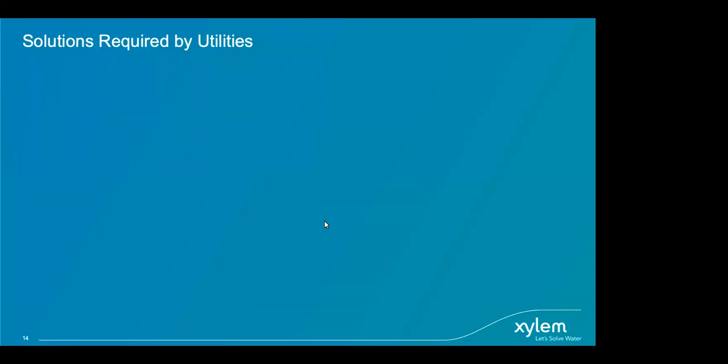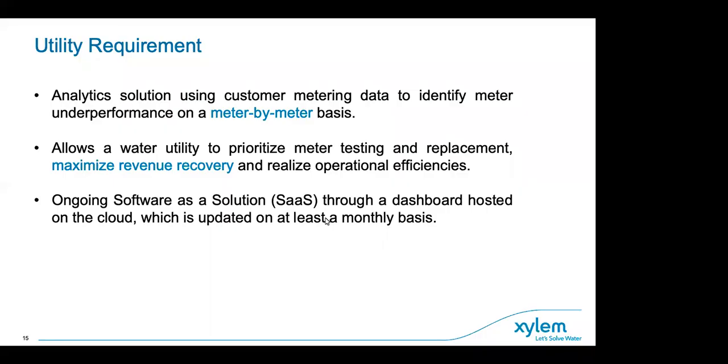So last slide, or last couple of slides from me here. What do utilities need today? Well, first of all, they need a solution that can take the meter data and compare meter by meter. So truly identify meters that are underperforming or where there are clearly meter reading errors.